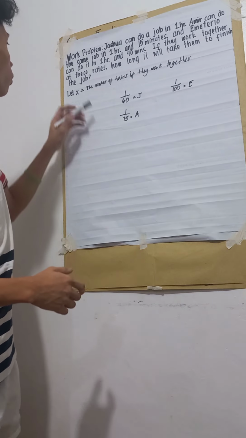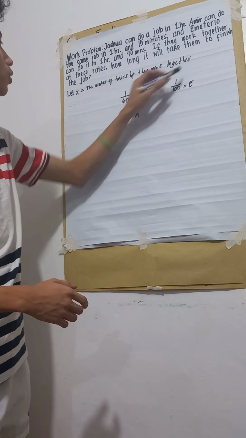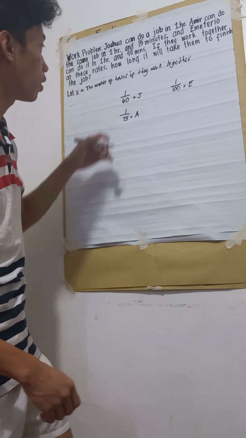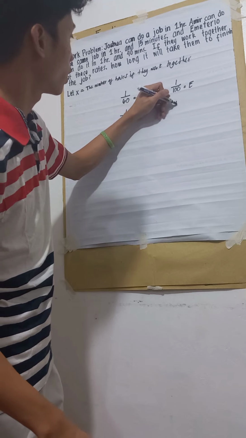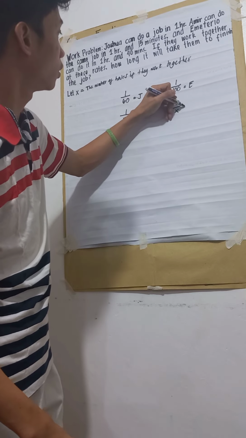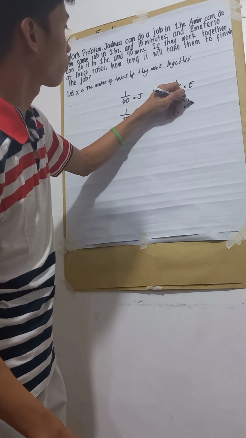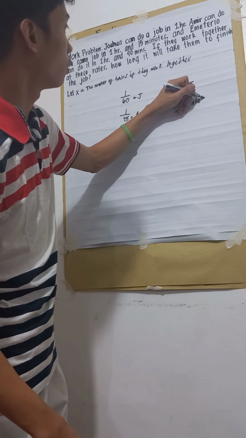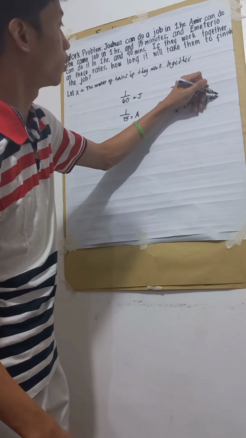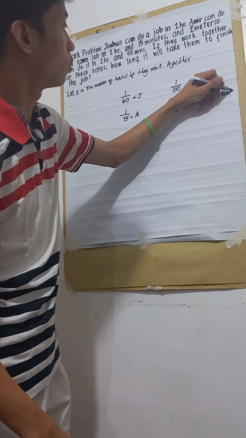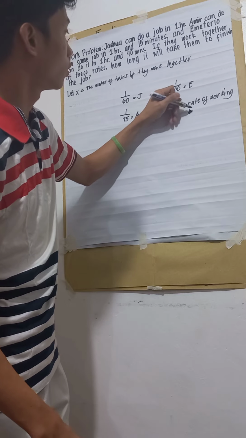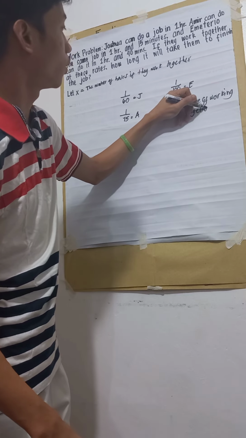Since we didn't know the number of hours if they work together, we're going to make a fraction for that: 1 over x, the rate of working together.